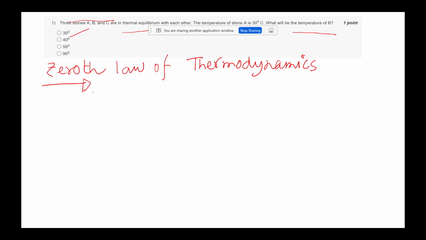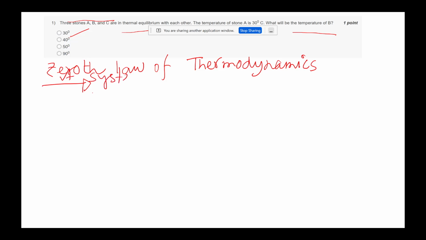That is a common thing that we forget. This property has a name.